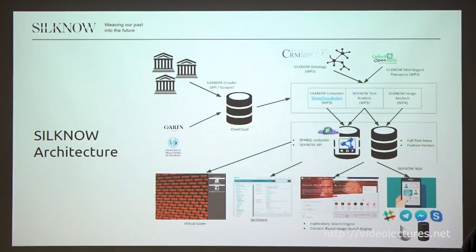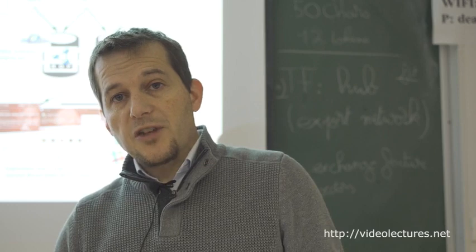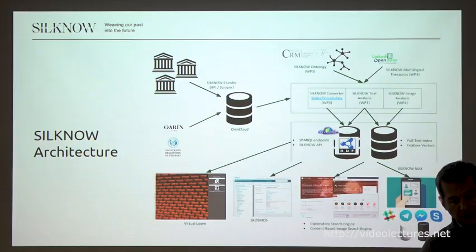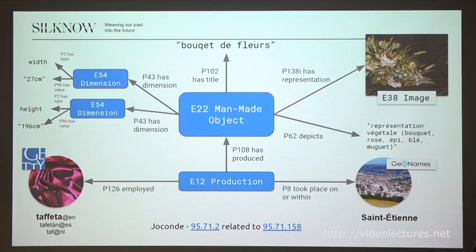Earlier on, you have seen the chosen Silknow data model, which is based on CIDOC CRM, and the Silknow thesaurus that we have developed with our cultural heritage experts in order to describe at a very fine-grained level the concepts that describe those objects. At the end, this is a visualization of the knowledge graph.